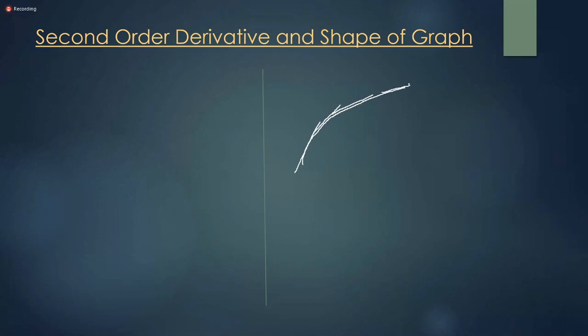So the first derivative decreases. Now the first derivative is the slope, and if the slope decreases, that means the second order derivative should be negative, because if a function decreases, then its derivative is negative.